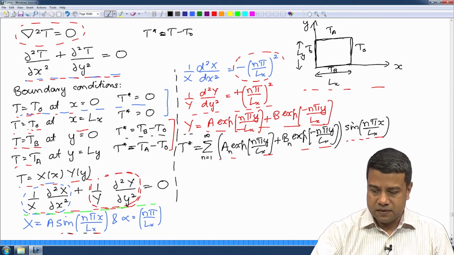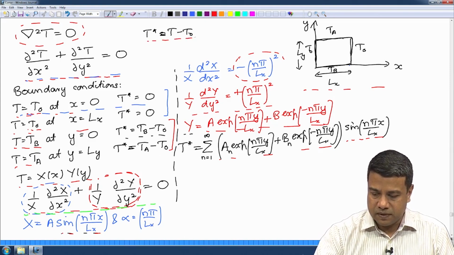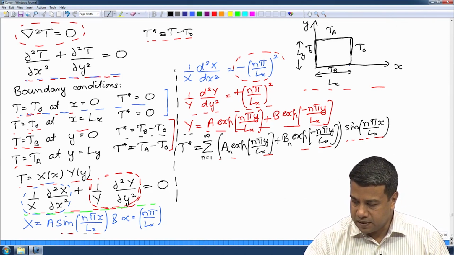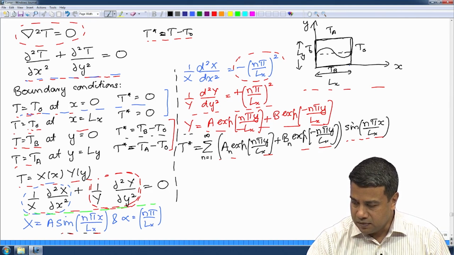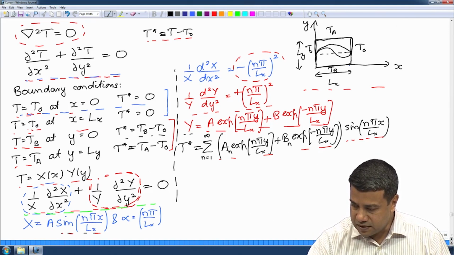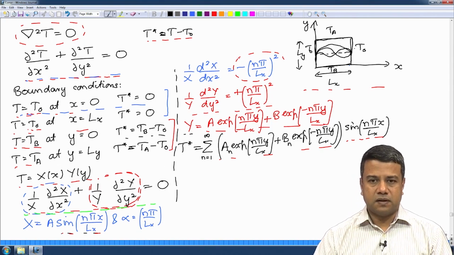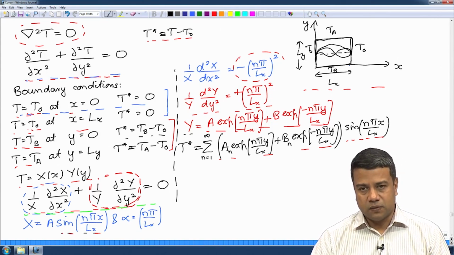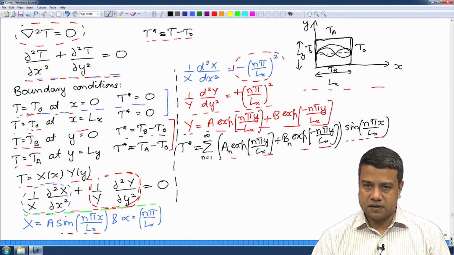In this particular case, when we had reduced the problem to a homogeneous problem in the x direction, we had got homogeneous solutions in the x direction, which were all of the form of sine functions of all orders all the way from 1 to infinity. And we had expressed the temperature as the summation of these sine functions with some prefactors, some constants a n.